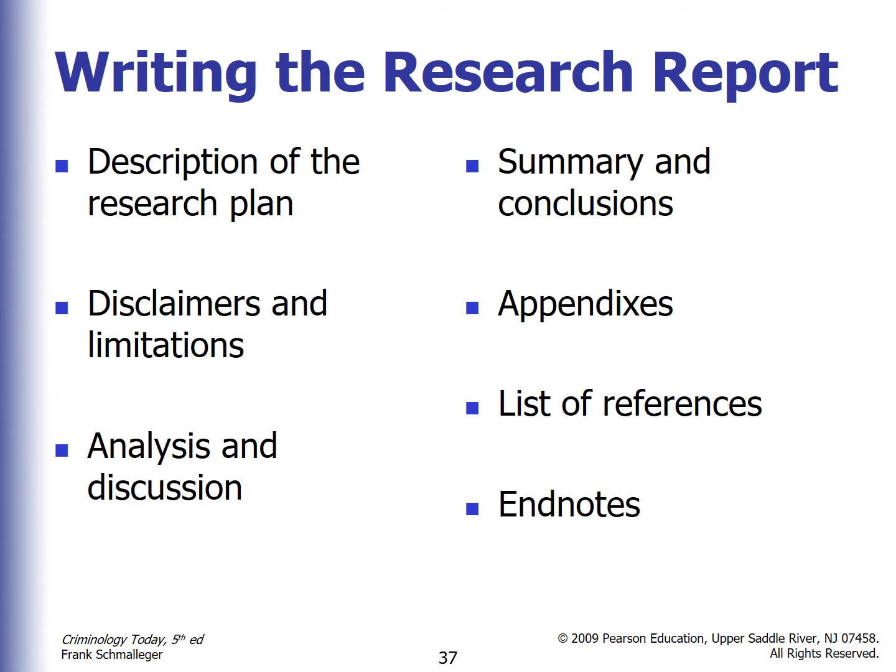Description of the research plan is when the person describes how they're going to conduct the research, what they're going to do. Any disclaimers and limitations, that's the legal mumbo jumbo that says, obviously we're not able to address this, we're not able to address that, stuff like that. Analysis and discussion.